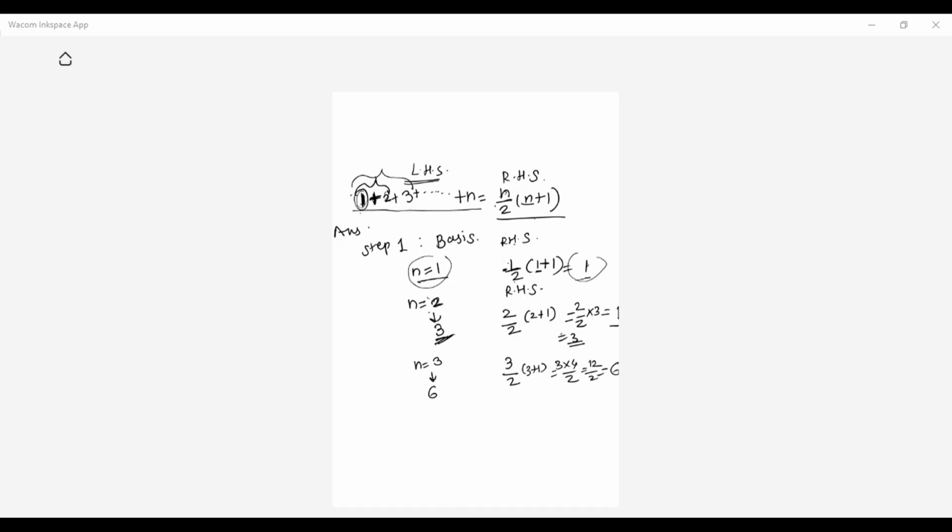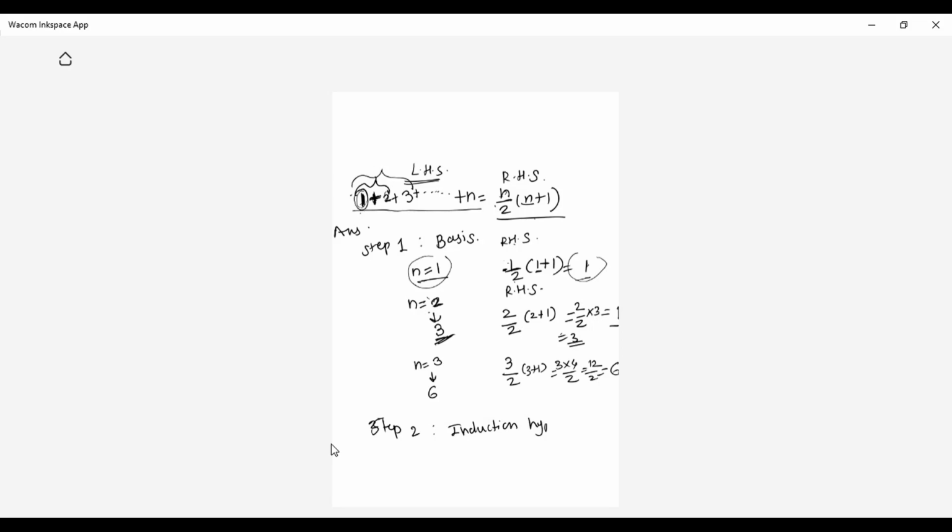The first step we have done with. Now, what is the second step that we have to do? The second step is induction hypothesis. Step 2, induction hypothesis.